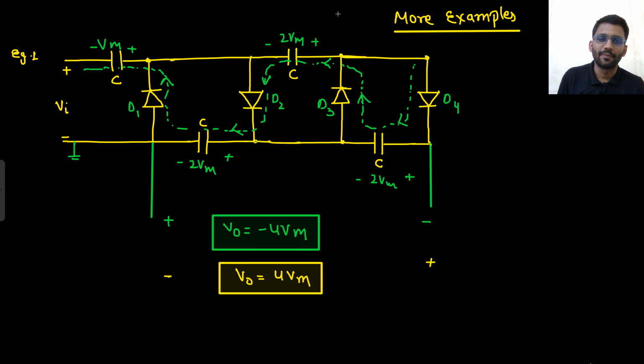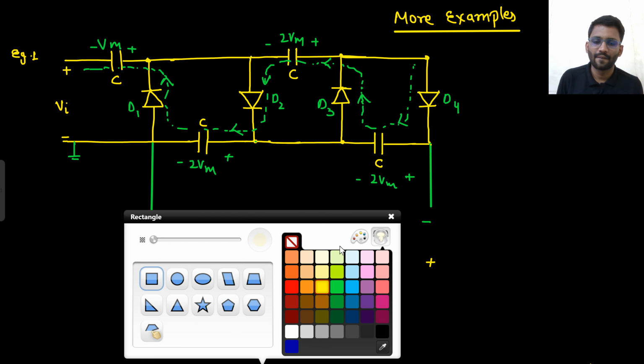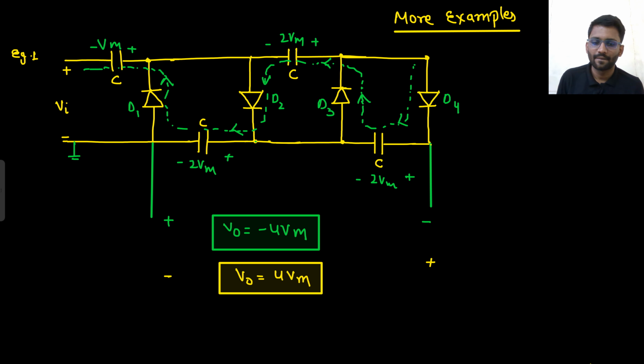So if I am collecting my output like this, this will be 3 Vm. But if I am collecting like this, what will this be? This will be minus 3 Vm.